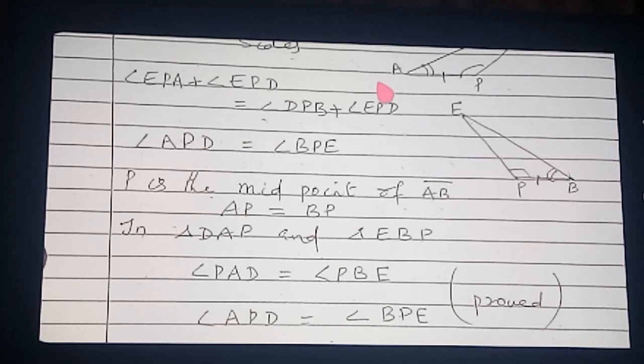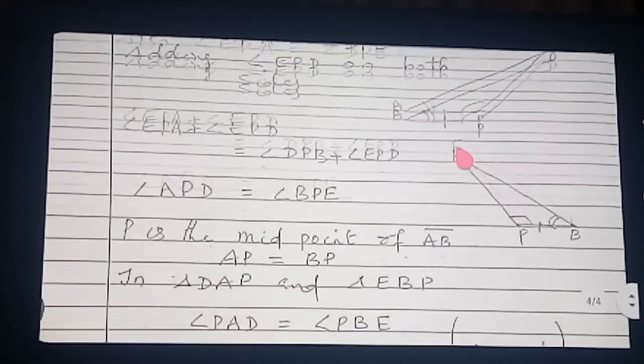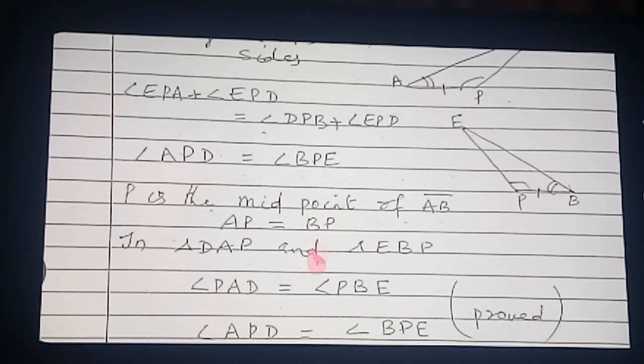Therefore, now we can recollect all the points together. So listen here. In this triangle DAP and this triangle EBP, which parts are congruent? I mark with the same symbol. Listen properly. Angle PAD is equal to angle PBE. Clear? One angle is equal. And the next one is angle APD is equal to angle BPE. That we proved now. And what about AP and PB?